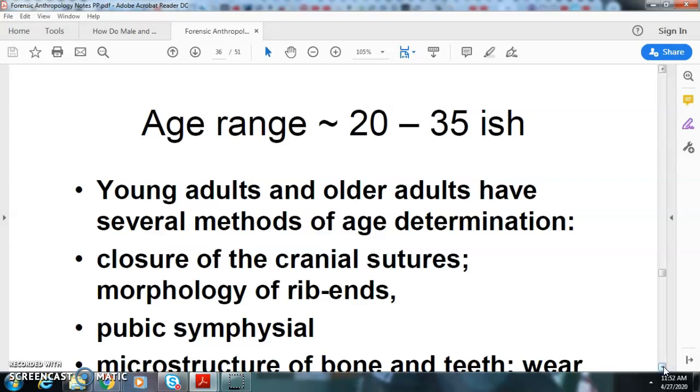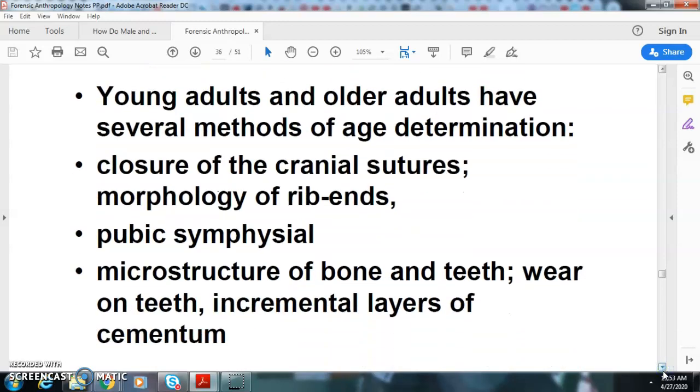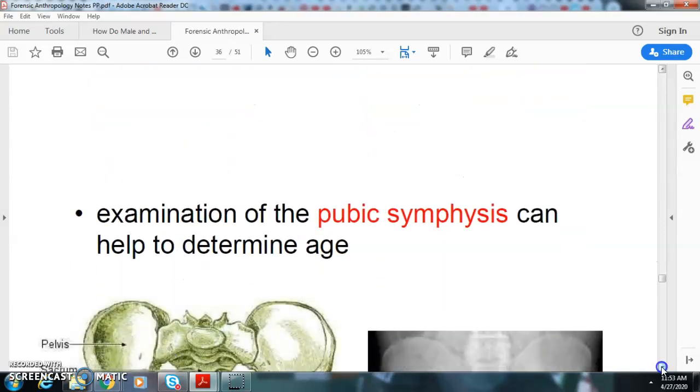If you're between 25 and 35, there are some other ways you can determine age. Closure of the cranial sutures, which we just talked about. Looking at the rib ends. Looking at the pubis. Looking at the bone and teeth. Looking at wear on the teeth. If I got hold of my teeth, they'd be really depressed when they looked at them.